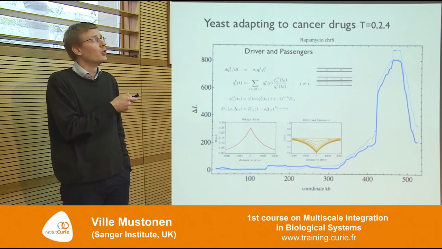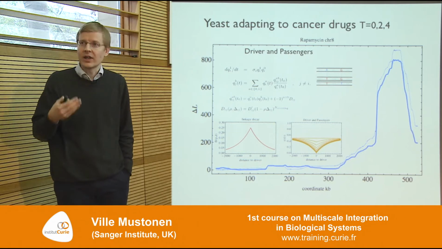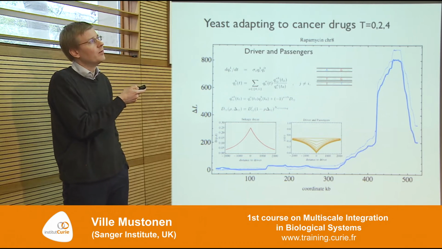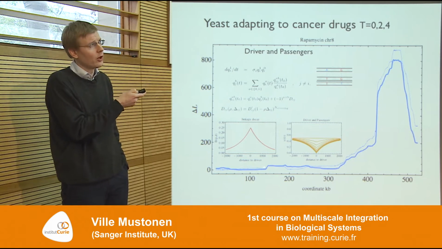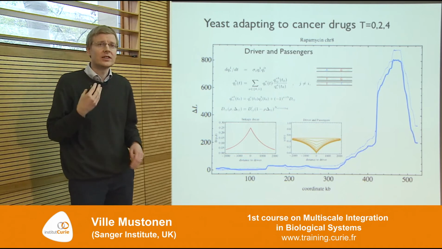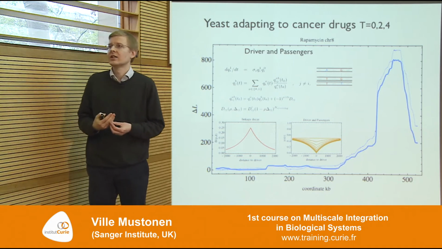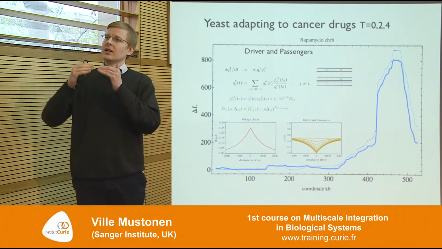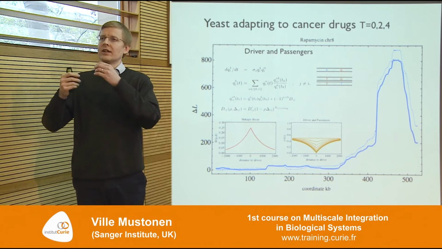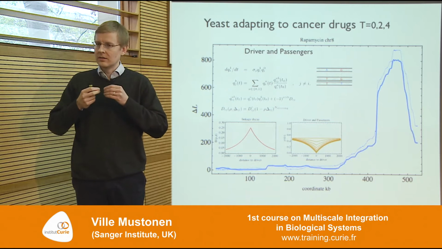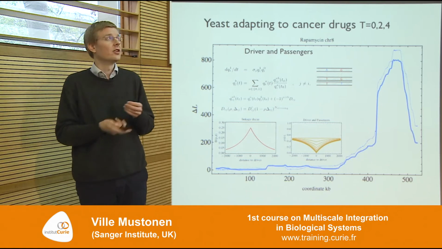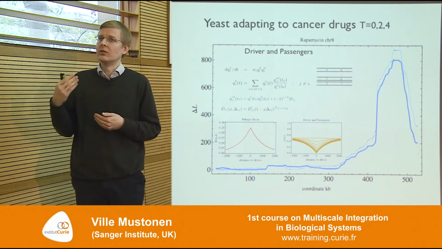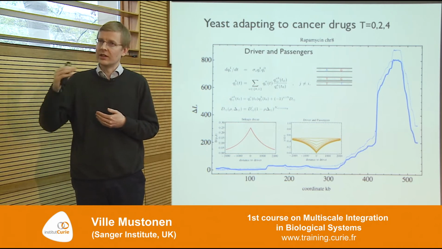What we can then do, we can take all that time series data, and we can scan through the whole chromosome, and at each segregating site we can ask, what's the log likelihood that I get to explain this data, given that I'm a driving allele and my neighborhood is moving as passenger alleles, and then we subtract out the term for what it would be if it's a neutral locus.